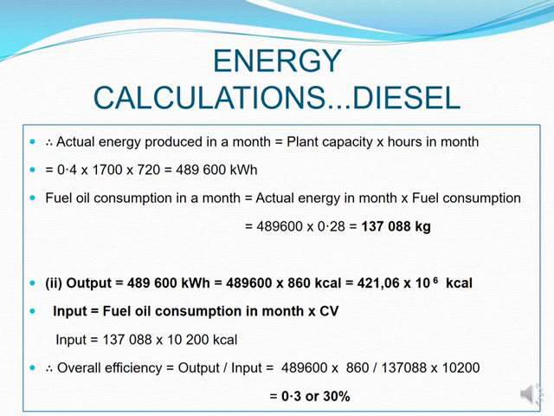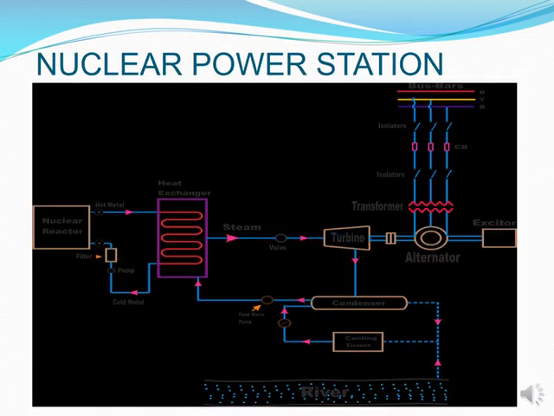For our overall efficiency, it will simply be your output over your input, the 489,600 times 860 over the 137,088 times 10,200, which will give us 30%.